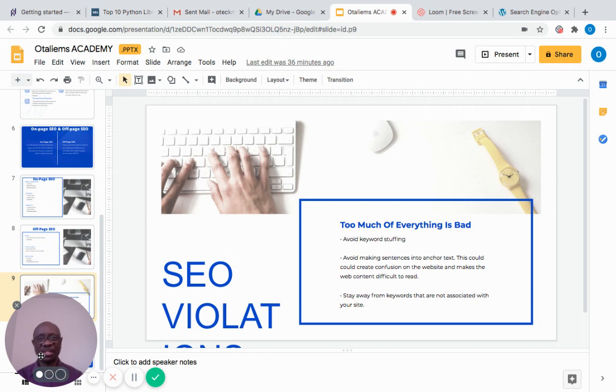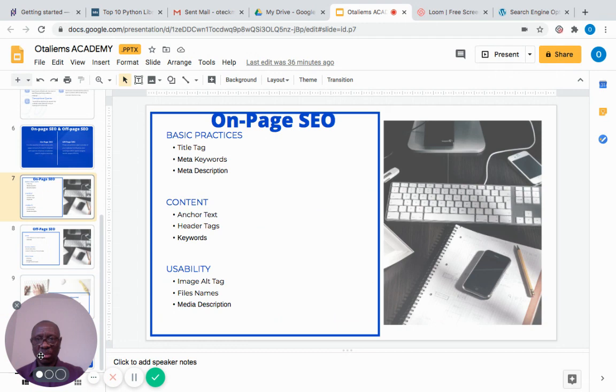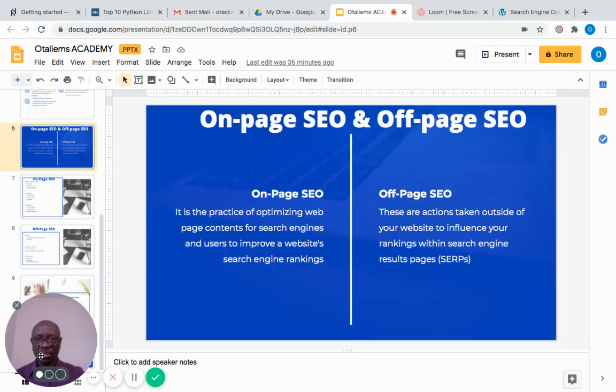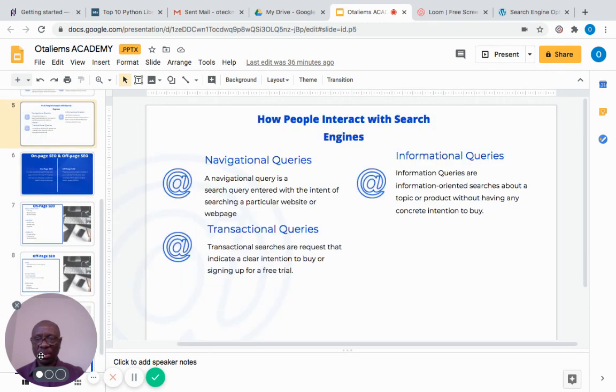The site was having a very high bounce rate. So I did a comprehensive audit for him, we made some changes, and eventually the site started ranking.